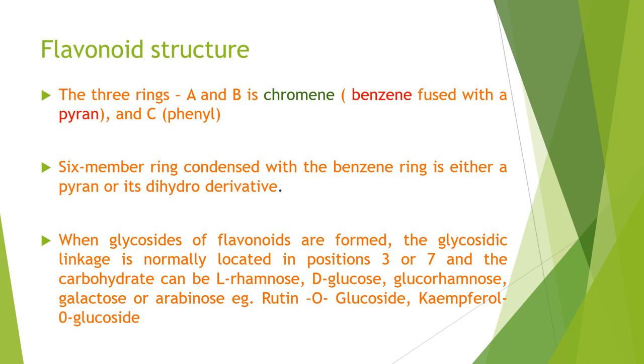When glycosides of flavonoids are formed, the glycosidic linkage is normally located in position 3 or 7, and the carbohydrate can be L-rhamnose, D-glucose, glucorhamnose, galactose, or arabinose, for example rutin O-glucoside.